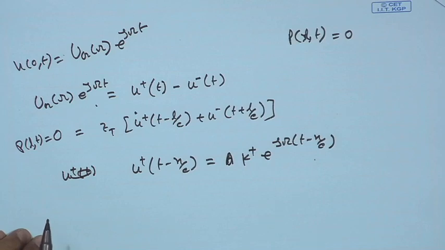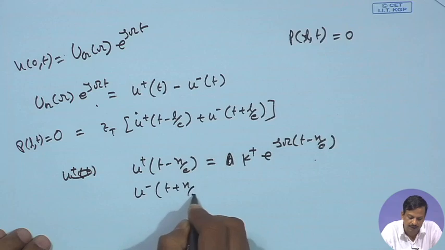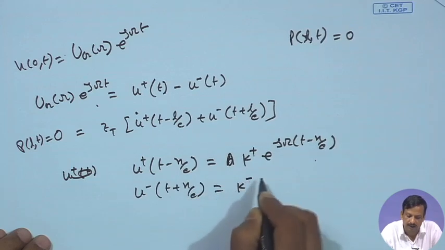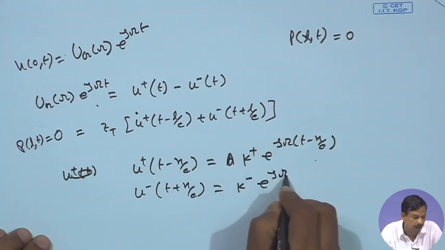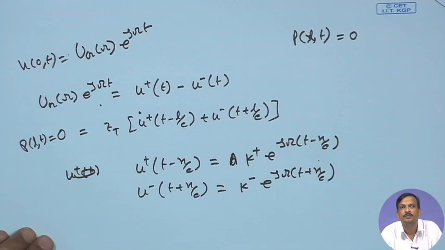This is a second order differential equation, and u minus, a function of t plus x by c, is nothing but k minus e to the power j omega (t plus x by c). So, this is the exponential solution.